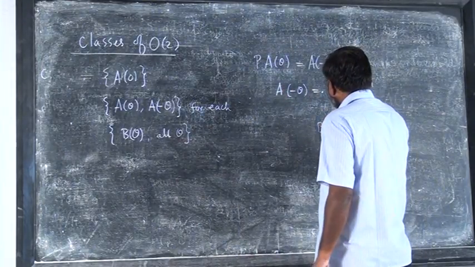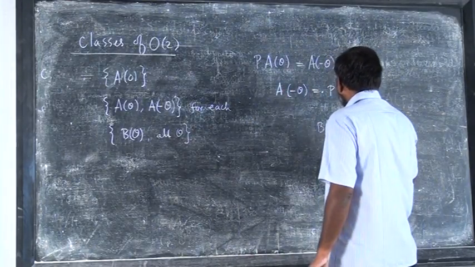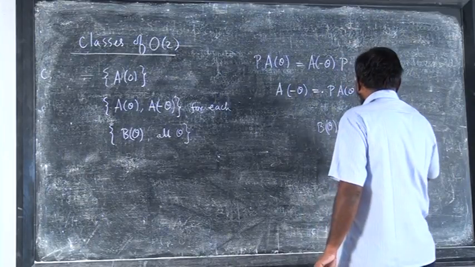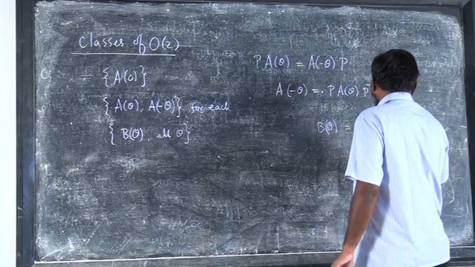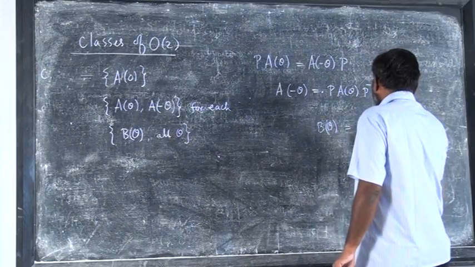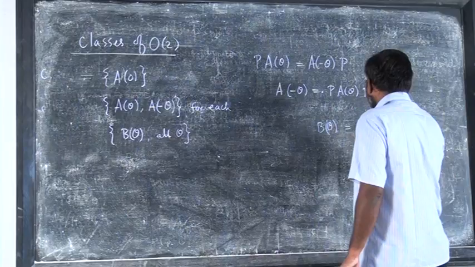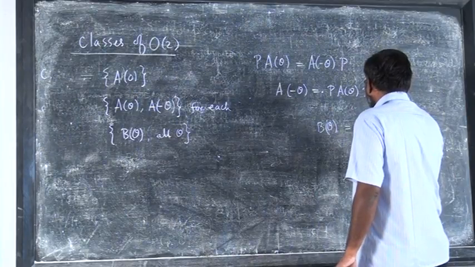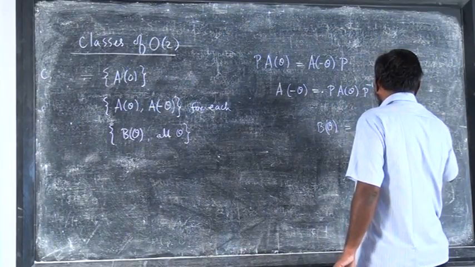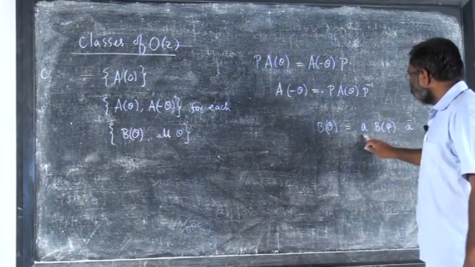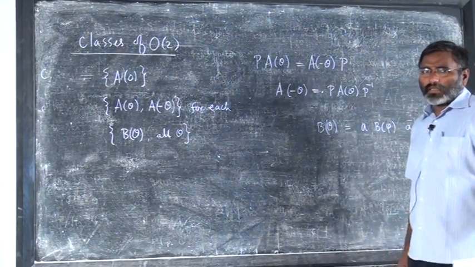B of theta, you can write this as any other B of phi. So which element you should write here? You should write some element here, A inverse. What element will you write?